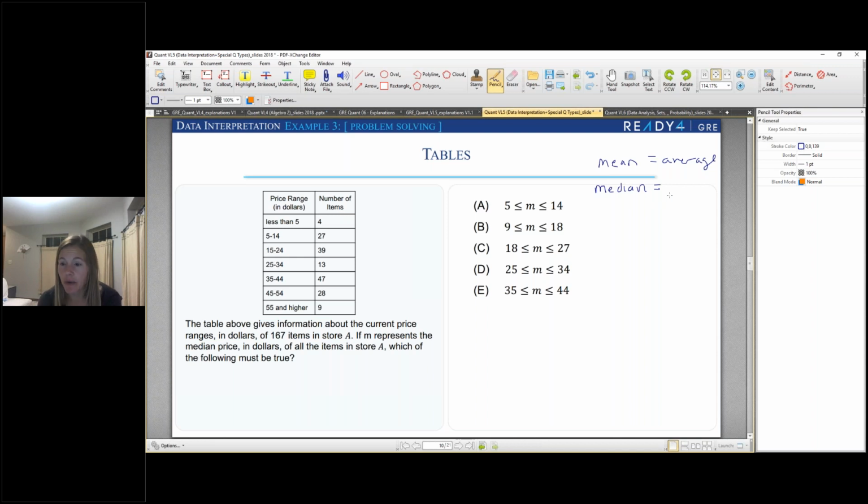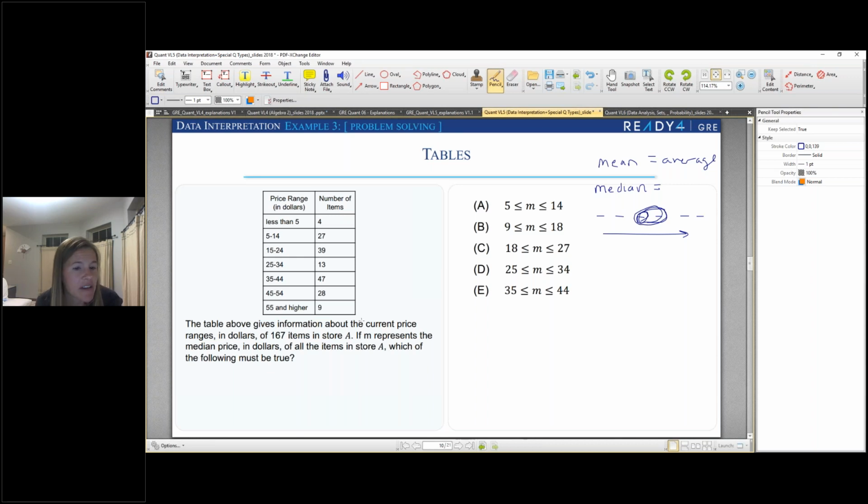Yeah, it's the middle number. When you line them up in ascending order, the number that's in the middle. So if we have 5 values, we line them up in ascending order. The one in the middle is the median. If it's an even number of things, then you take the average of the 2 that are in the middle. Okay, so the middle number. All right, cool. So you need that to solve this problem.